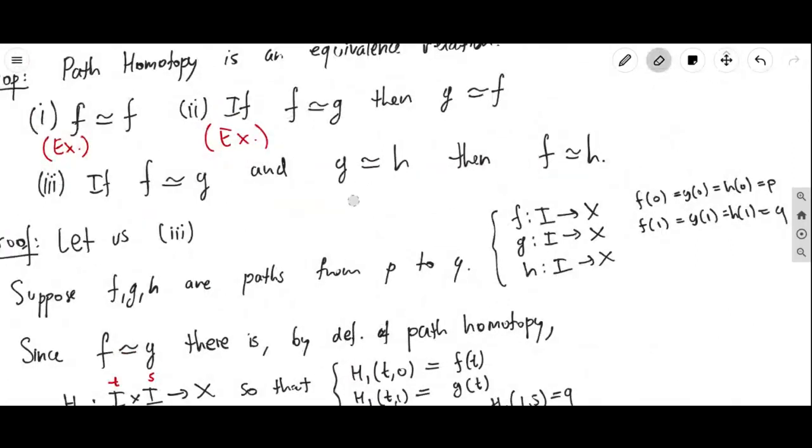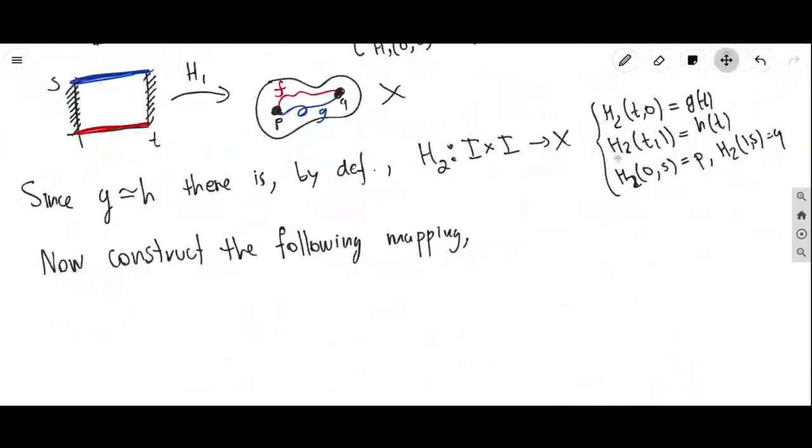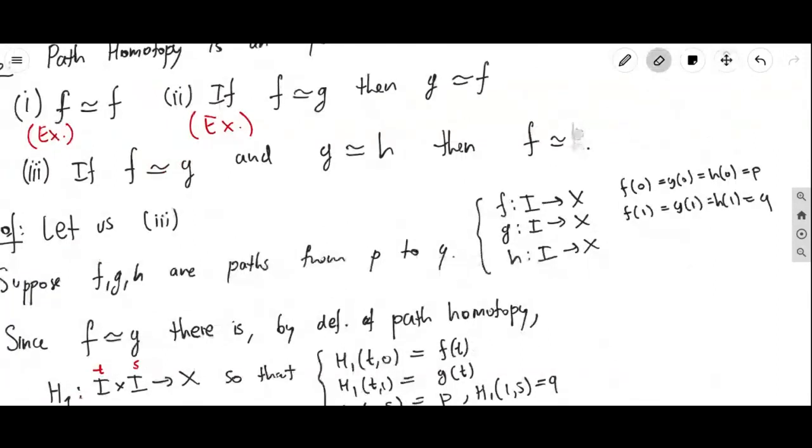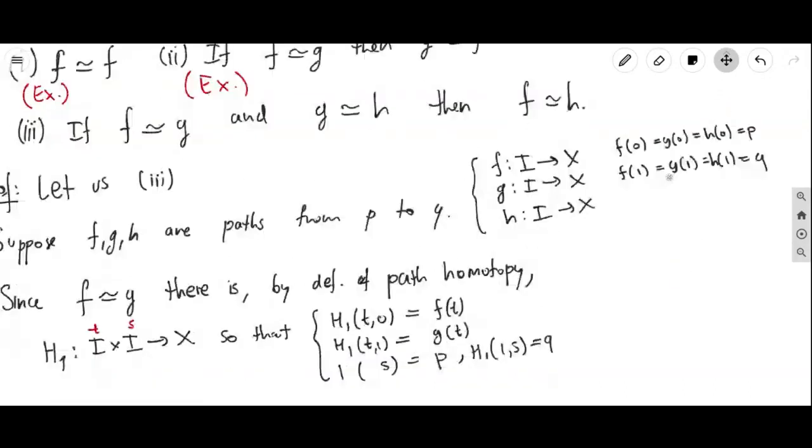You want to get a homotopy that will take you from F to H. So you first deform F to G, and then you deform G to H. So you have to somehow combine these two homotopies and create a new homotopy. This is the one you're claiming exists. When you're saying that F is homotopic with H, what you're saying is there exists a homotopy that will transform F into H. So you basically have to construct it. That's the claim. This is the given, and that's the claim.